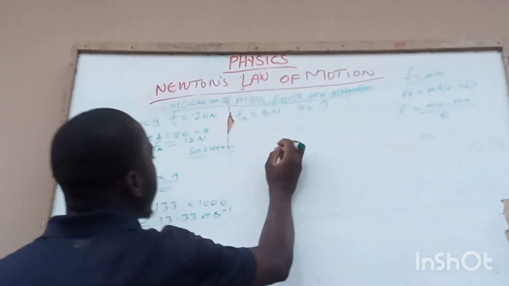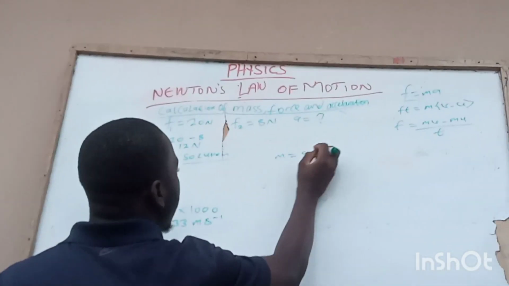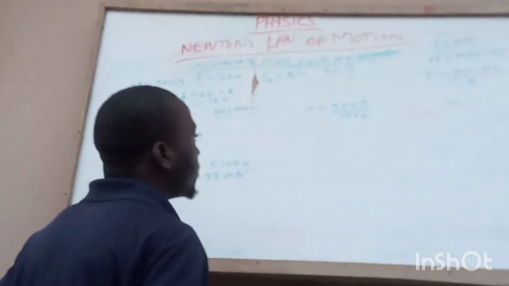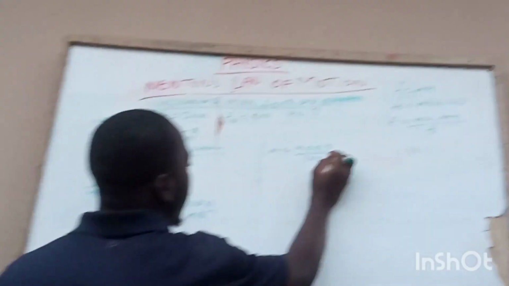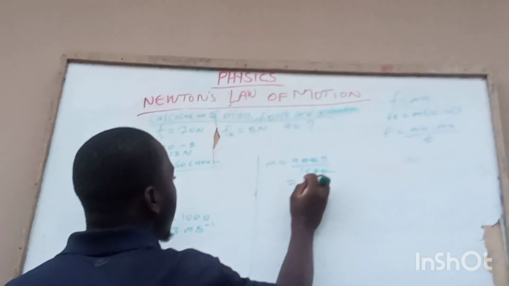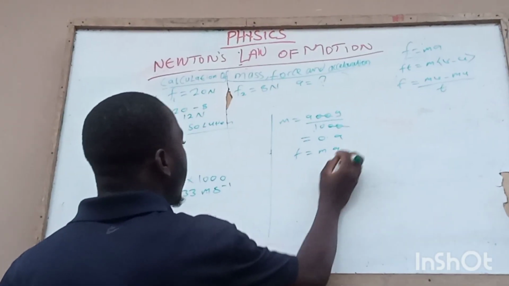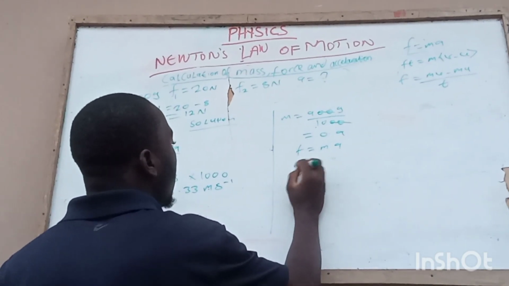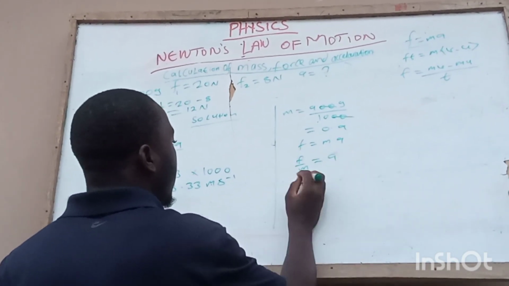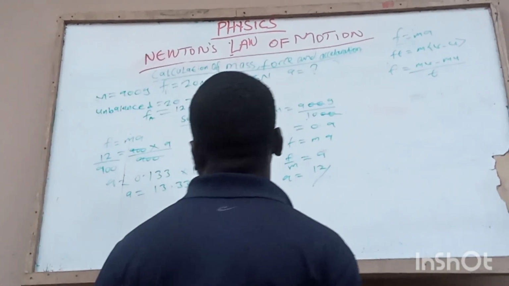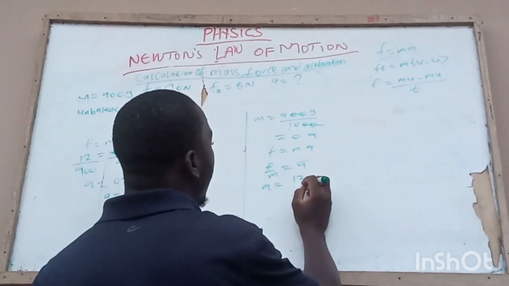Since we have 900, we can say M is equal to 900 grams to kilograms, which is divided by 1000. This will give us 0.9. So using our formula, F equals MA, this is going to give us F over M is equal to A. Then our A is going to be 12 all divided by our mass, which is 0.9.